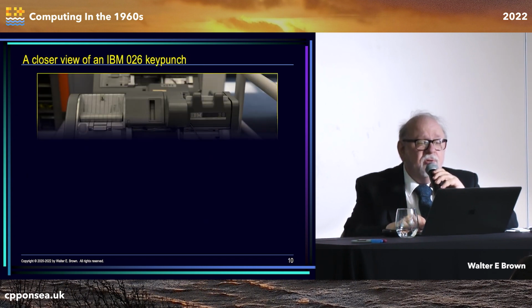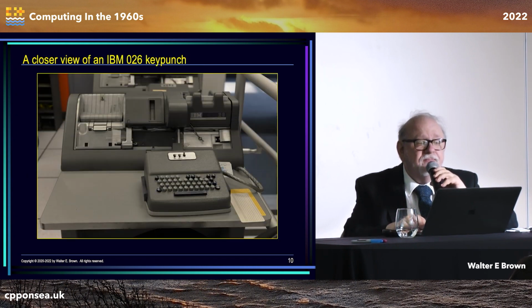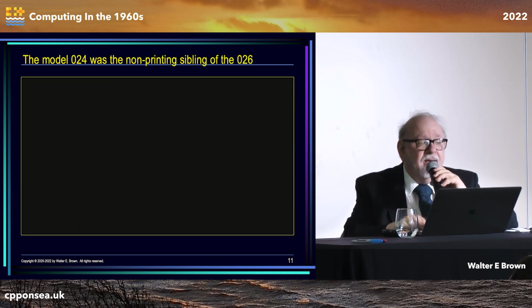Here's a bit of a closer view, and I found a little bit of film. There was a model 024 that was essentially the same machine, except it did not print onto the punch card. Here's a bit of a demo.